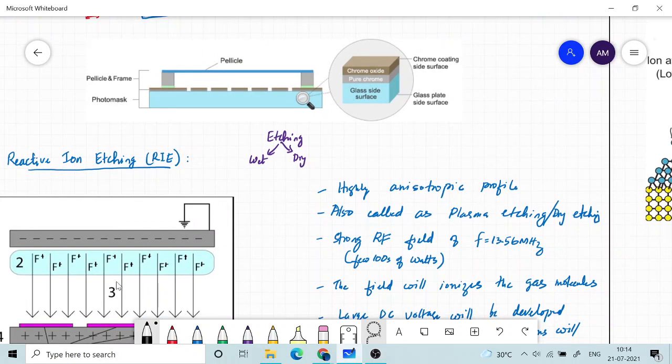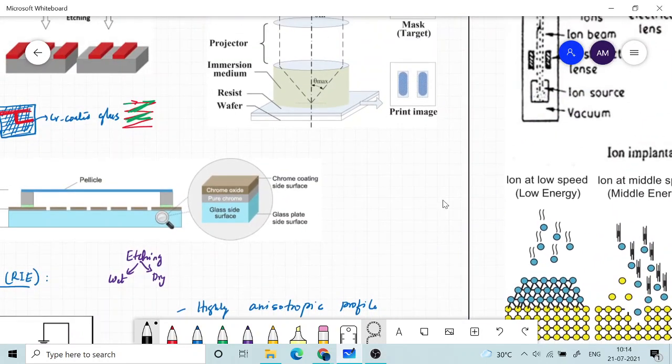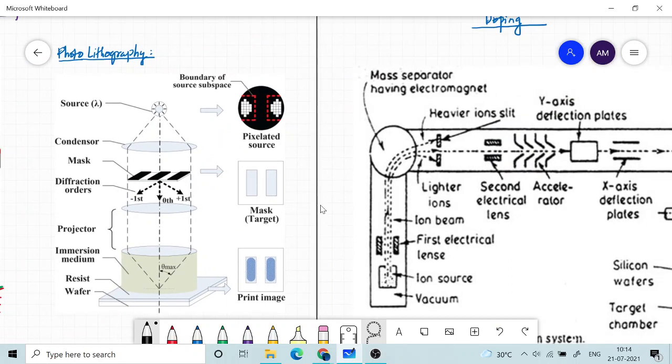To etch away metal we may use one particular ion. To etch away a different material, say silicon dioxide, we may use another material. So depending upon what can remove the material, we decide the gas inside the reactive ion chamber.